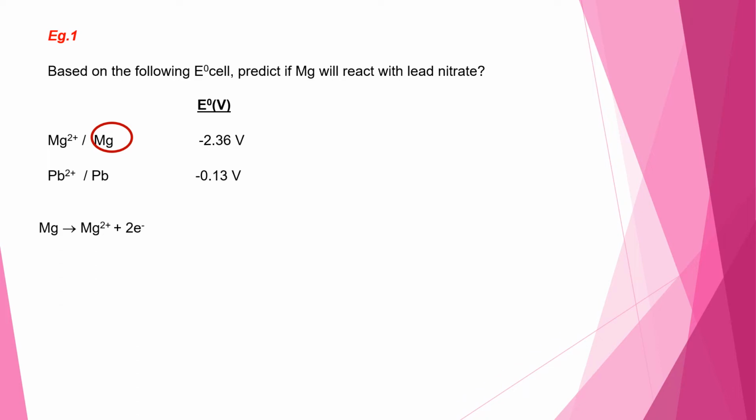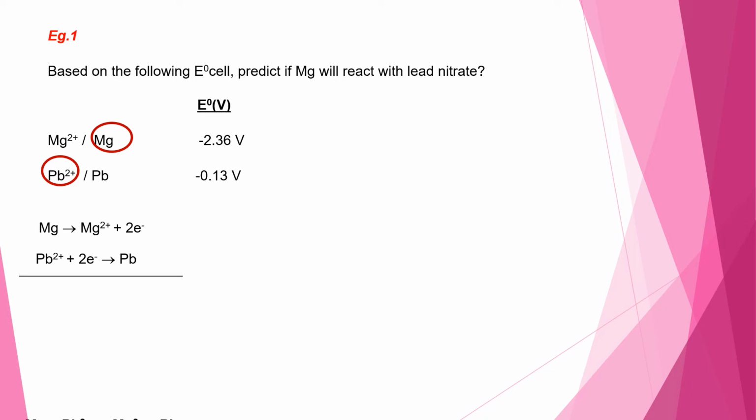So we have the reaction of magnesium oxidizing itself to magnesium ion. And then the less negative, or more positive, will be our oxidizing agent, anything that is getting reduced. So between lead ion and lead, it is the lead ion that is getting reduced. So lead ion reduces itself to lead metal, and then you can balance the equation by putting in the electrons.